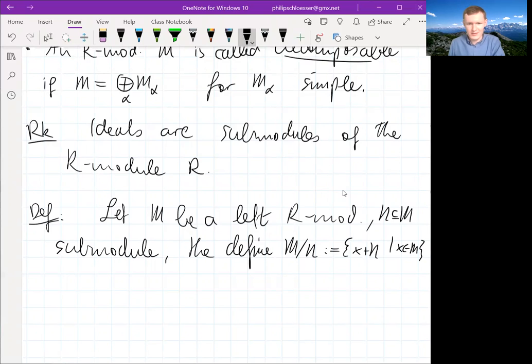And those things are the elements of M modulo N.